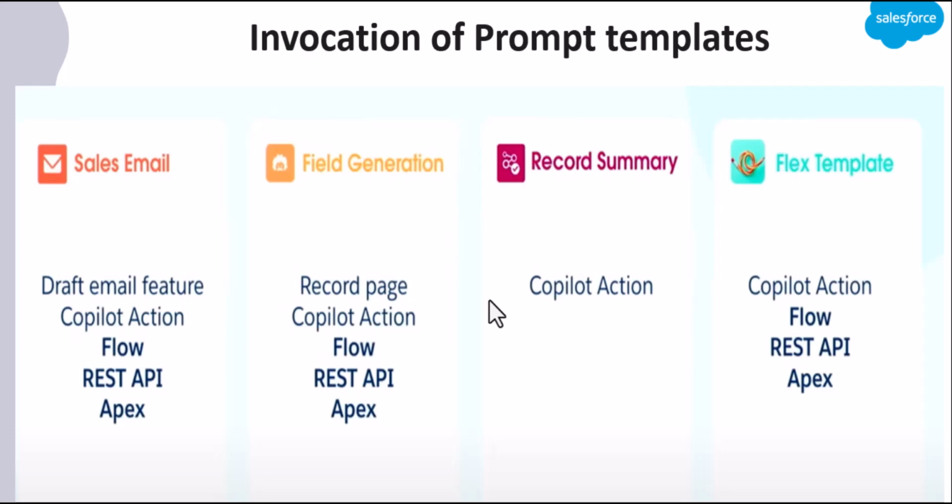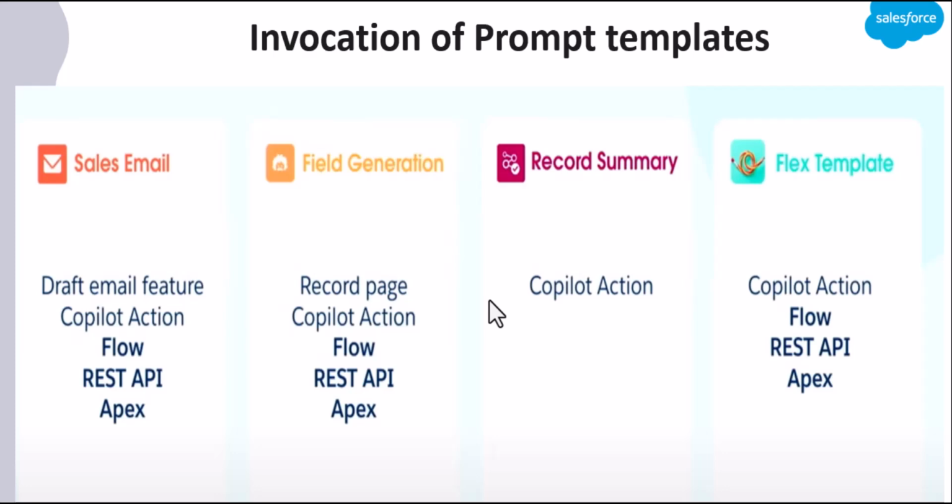After that, besides the agent action, we can invoke this sales email prompt template from flows, REST API or Apex in Salesforce. After that, for the field generation prompt template, we can invoke it in the record page, since whenever we create the field and add it to this field generation prompt template, that's why we can invoke it from the record page, and again from the agent action, flows, REST APIs and then Apex.